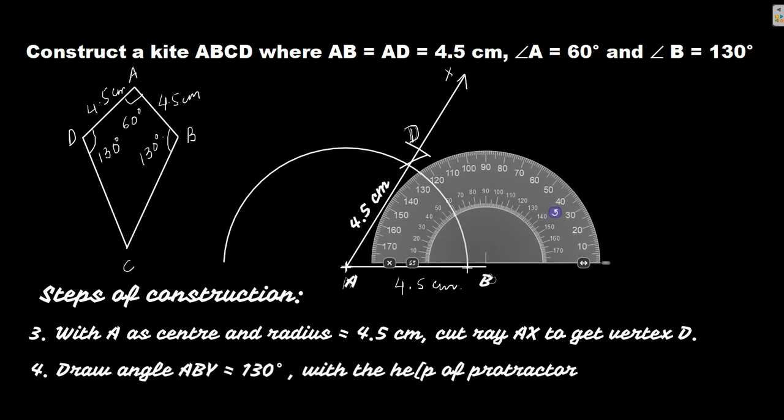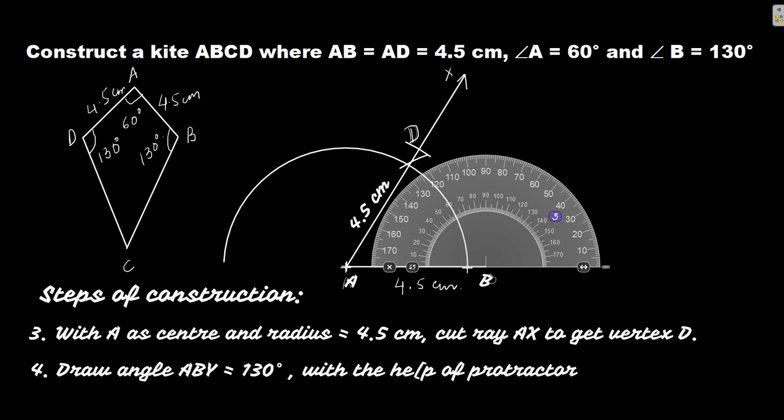The zero of the scale which coincides with the line AB, we'll consider that scale and draw the angle. So here we'll be using the inner scale to measure a 130 degree angle. So angle ABY is equal to 130 degrees.